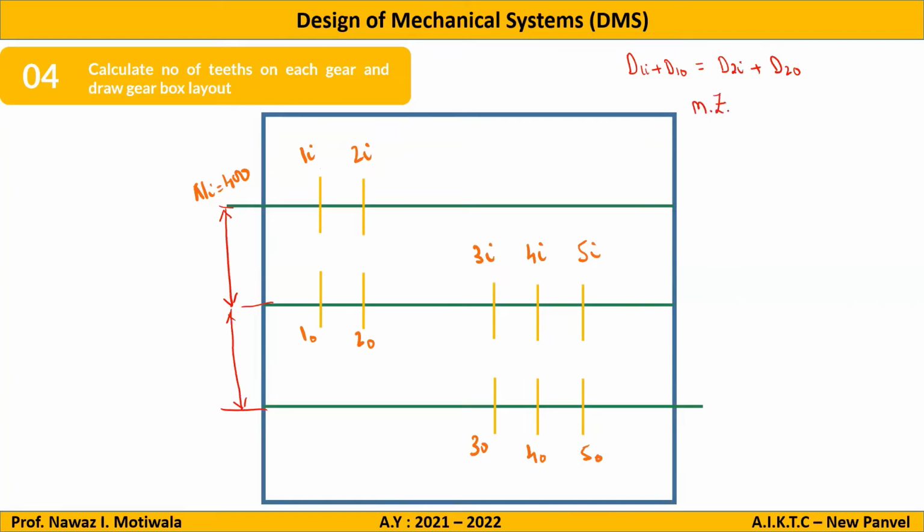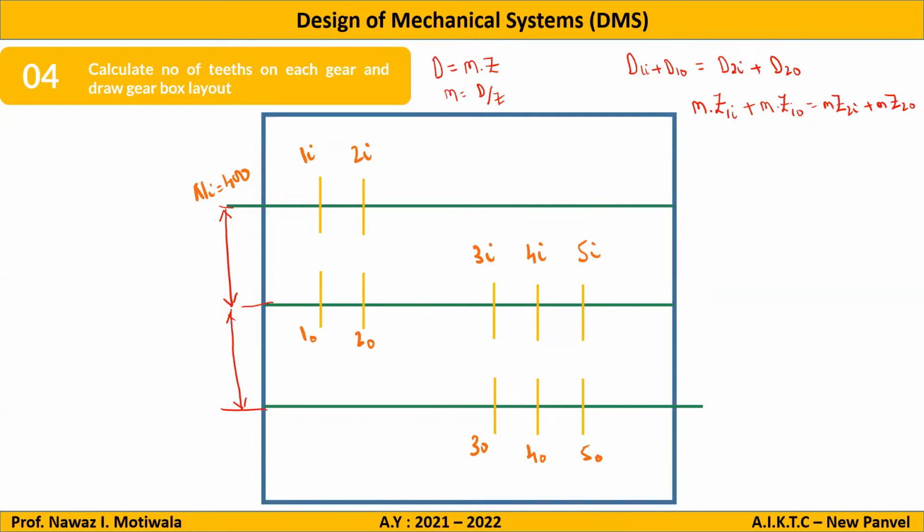So I will write Z1i. Okay, I will write the relation here. Diameter of any gear will be written as m multiplied by z. Or if you want to find out the module, module is d by z, that is diameter divided by number of teeth. So here I am writing m into z of 1i plus m into z of 1o is equal to m into z of 2i plus m into z of 2o.